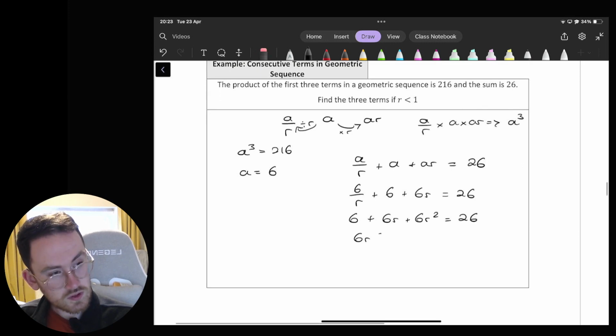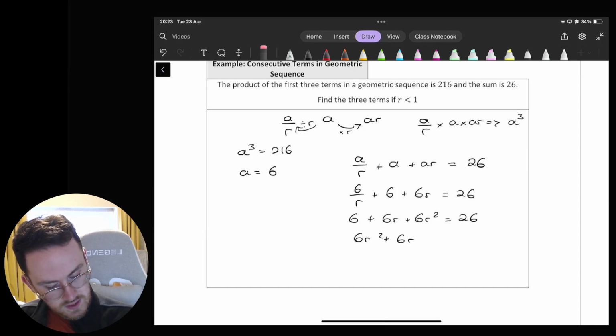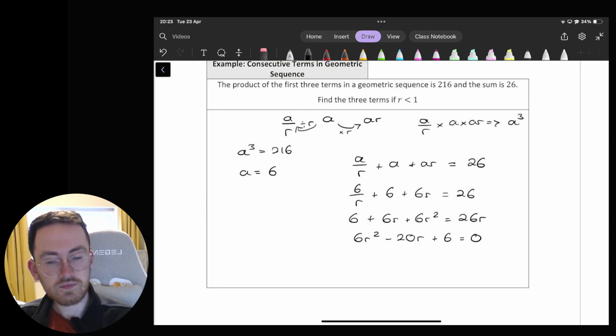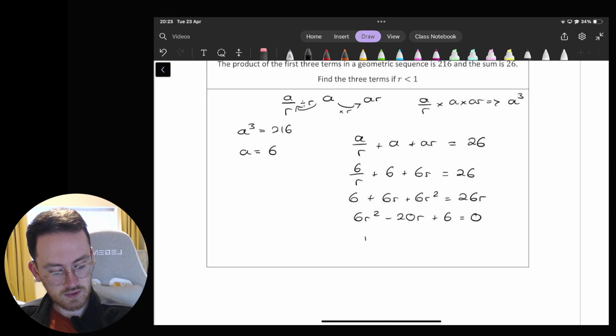So 6 plus 6r squared plus 6r equals 26r. So 6r squared minus 20r plus 6 equals 0. Okay, factorizing that and solving my quadratic there gives me r equals a third and r equals 3.